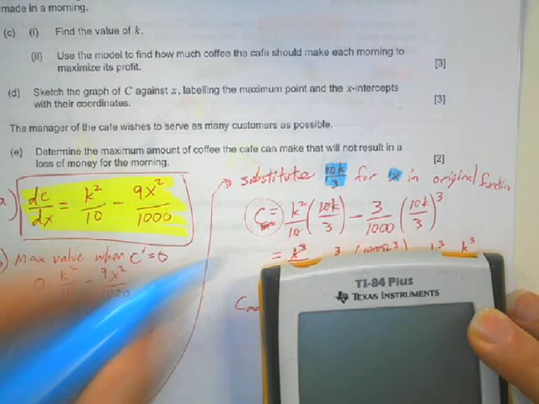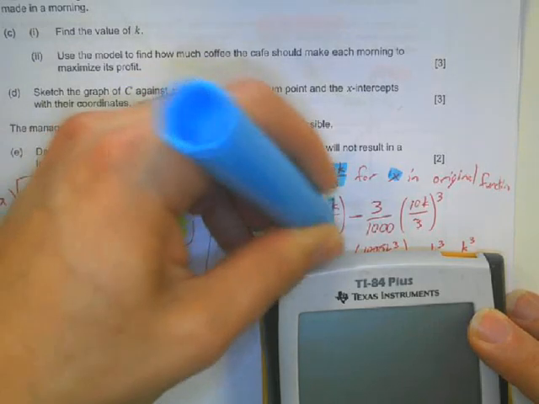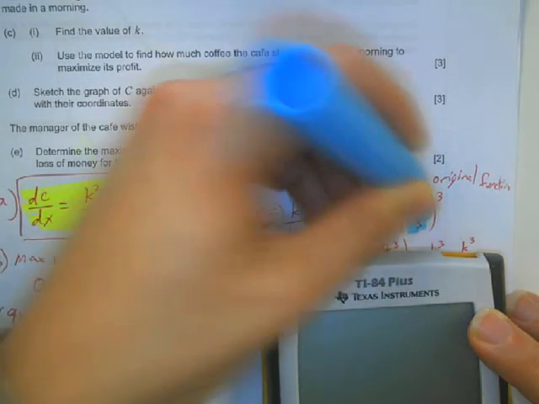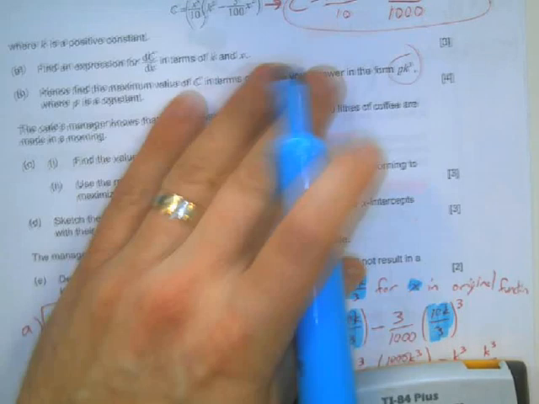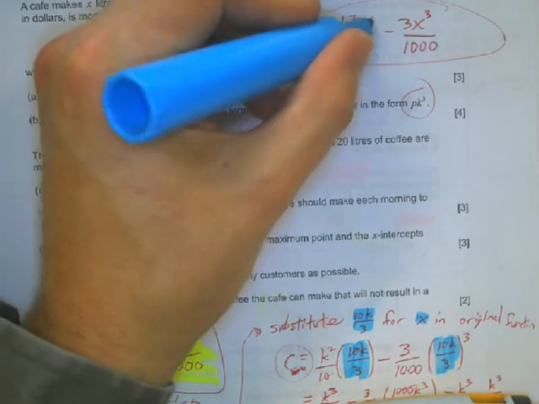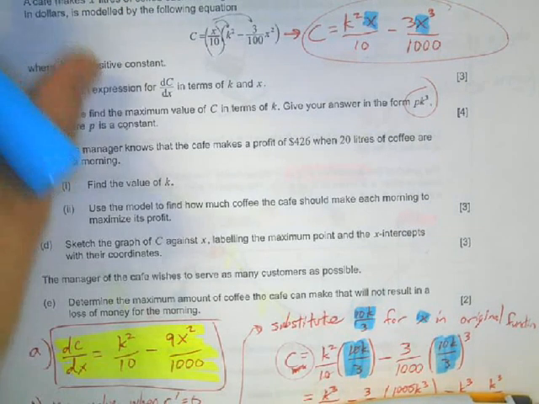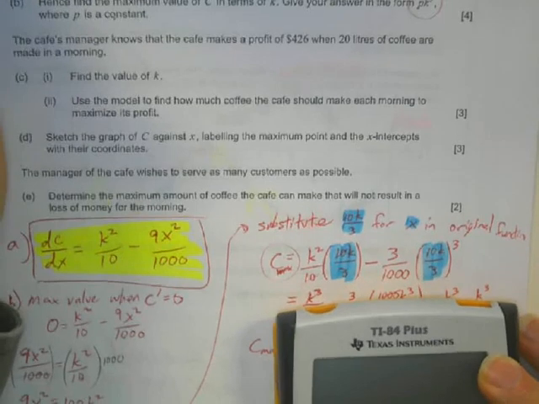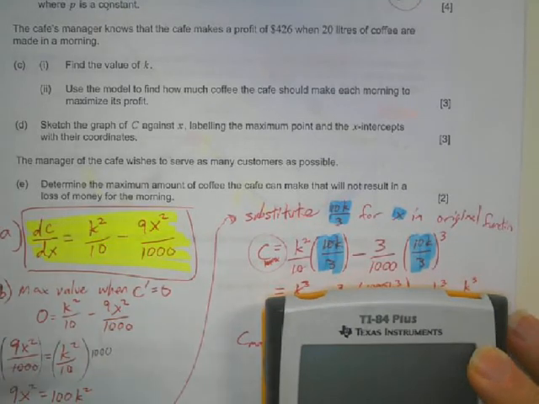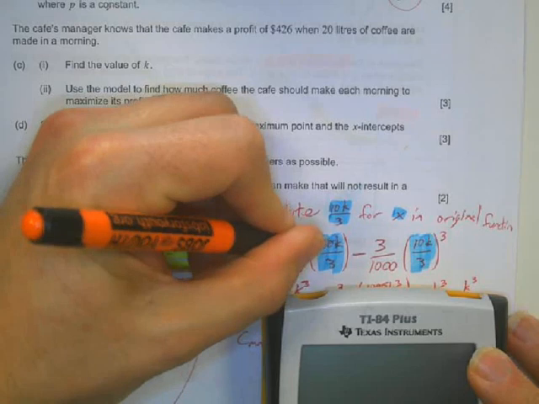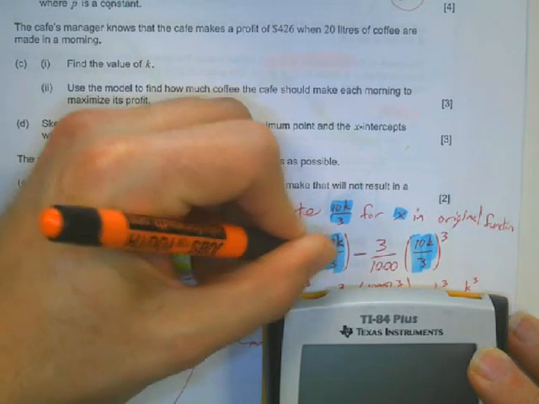Okay, so I just rewrote this earlier equation, and I'm replacing x with the 10k over 3. Okay, hit pause if you need to copy this down.